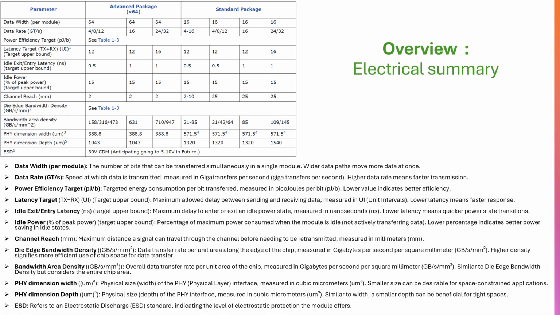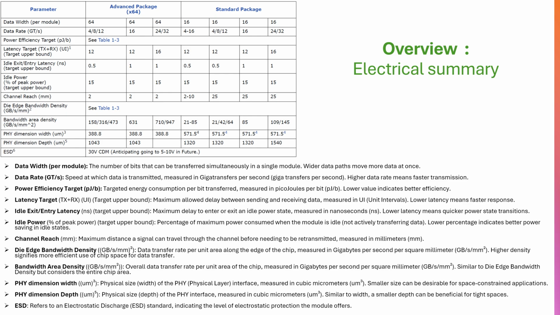Then ESD, the last one. It refers to the electrostatic discharge standard, indicating what level of electrostatic protection the module is required to offer. Because we are talking about chiplets, they are not really exposed to human handling. Ideally, we are not talking about HBM protections, where people talk about 2000 volt HBM and 500 volt CDMs.